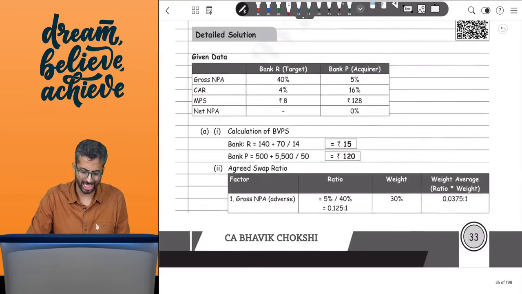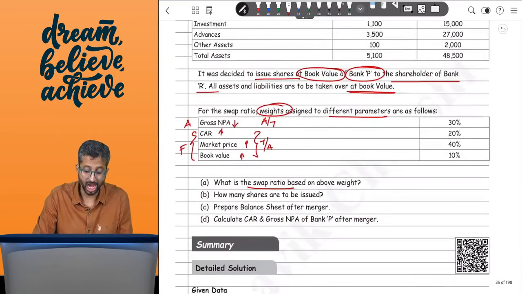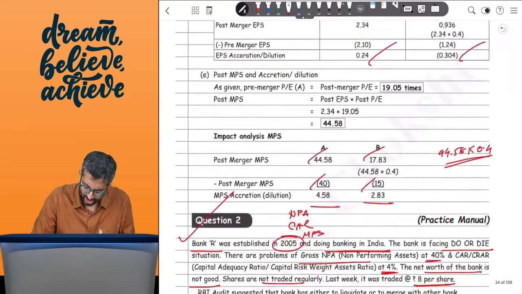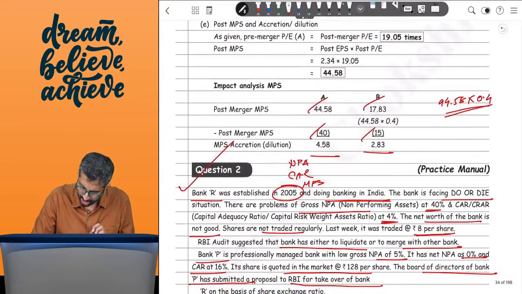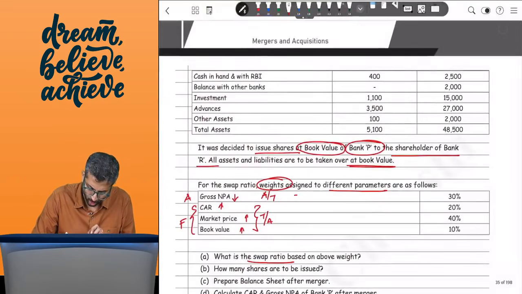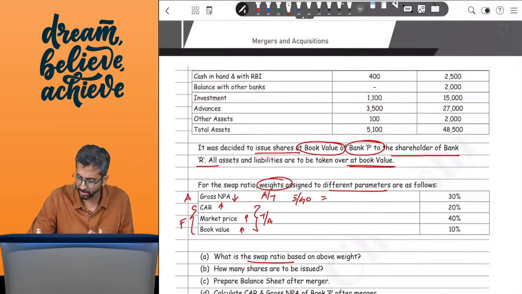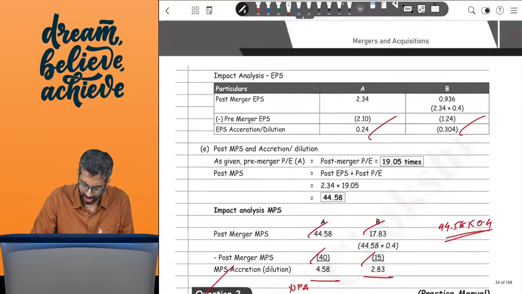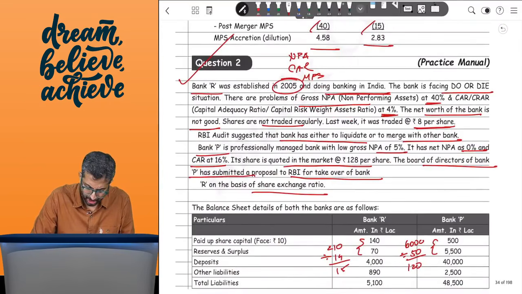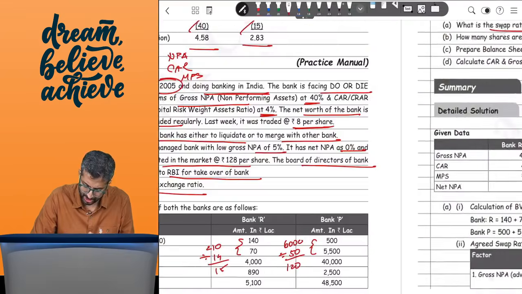So if I look at every ratio, first is acquirer by target. Acquirer has an NPA of only 5% versus 40%, and hence 5 by 40 comes to 0.125. Capital adequacy ratio, higher the better, so it's target by acquirer. Target has only 4%, acquirer has 16%.